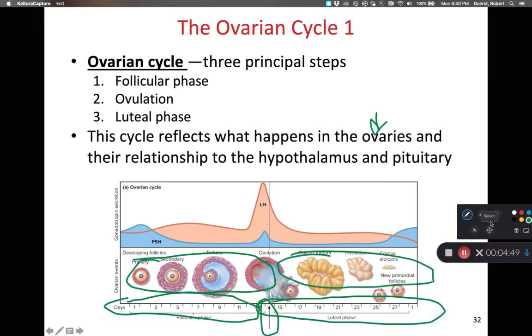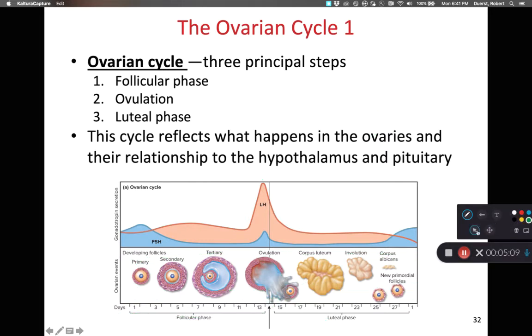And this is also going to mirror changes within the hypothalamus and pituitary glands as well, and the hormones being released. Notably, there is a huge surge in luteinizing hormone immediately before ovulation, and that surge in luteinizing hormone triggers the ovulation of the secondary oocyte from the mature follicle.